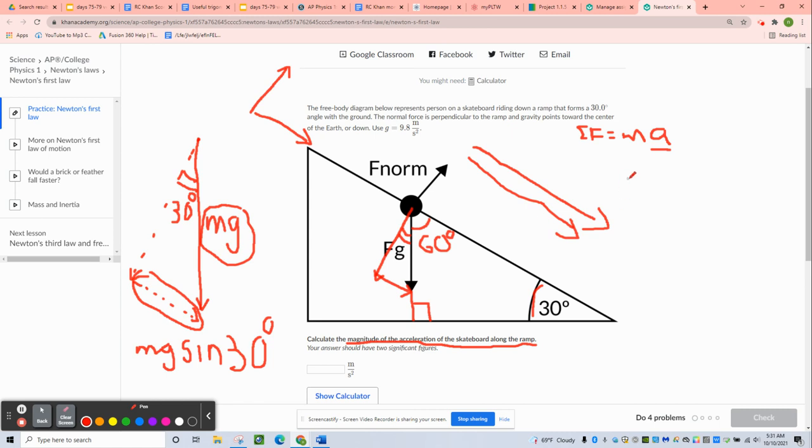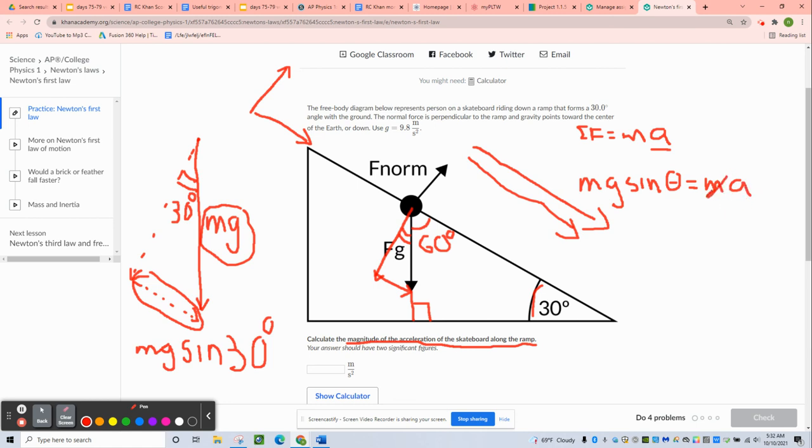And so we just come over into F equals ma and say, oh, well, the net force parallel to the slope is mg sine of theta, equals the mass of the skateboard multiplied by its acceleration.